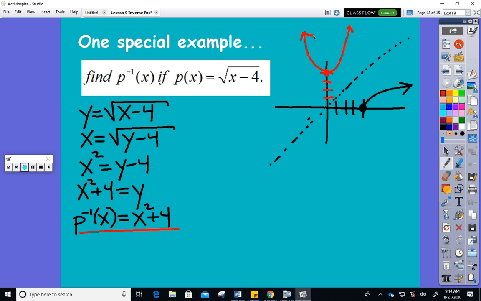Wait a minute. The red graph and the black graph are not actually mirror images over the line y equals x. So what's wrong? What's wrong is, guys, that I need to add a conditional statement here and say only the right half of the parabola is the inverse of the black square root function.